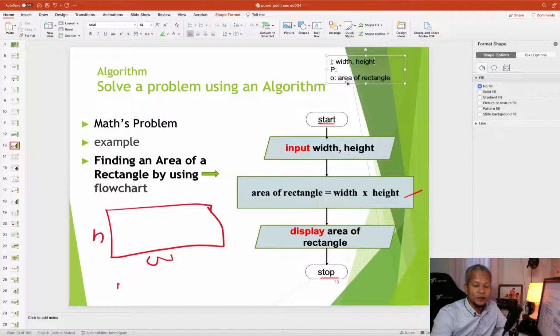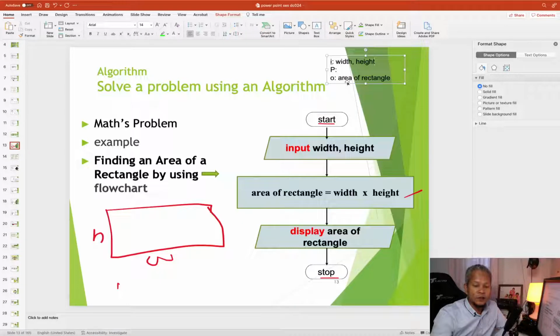Okay, right. What is the process? The process is to calculate what? We refer to the output, area of rectangle.